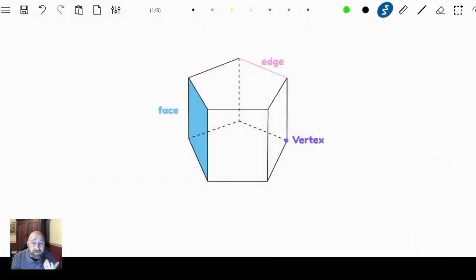I have a three-dimensional object. Now, it's not really three-dimensional, okay? It's got some dotted lines to kind of make it look three-dimensional. But if you will, this piece here is the top piece. Now, what type of shape is the top piece? Well, that is a pentagon, right? Five-sided.